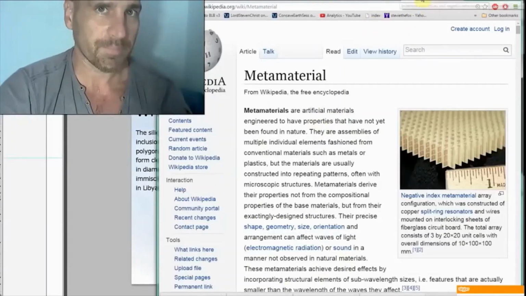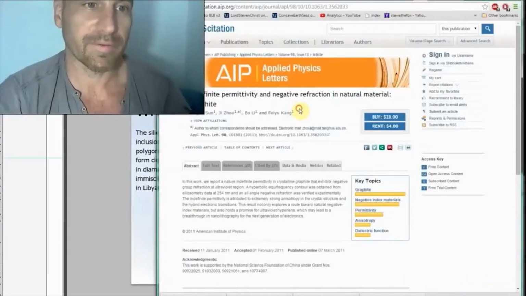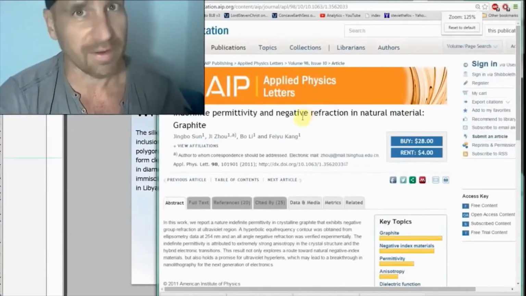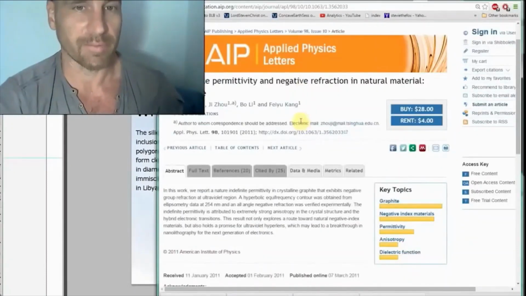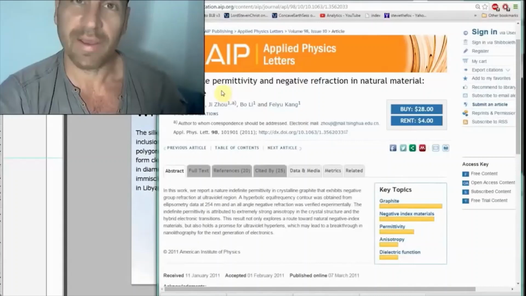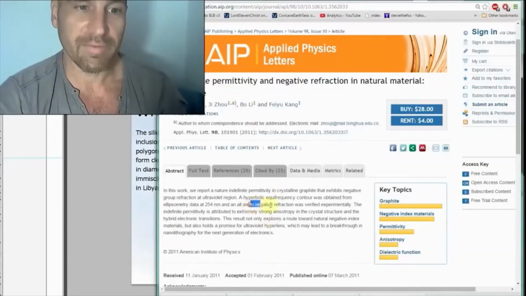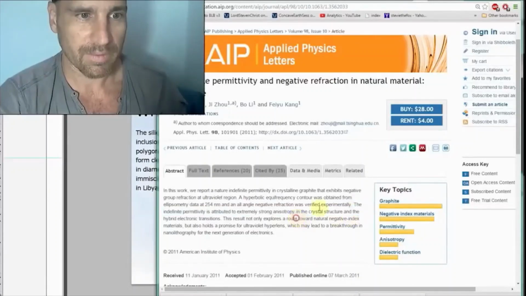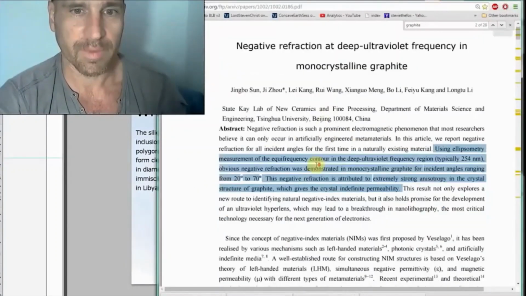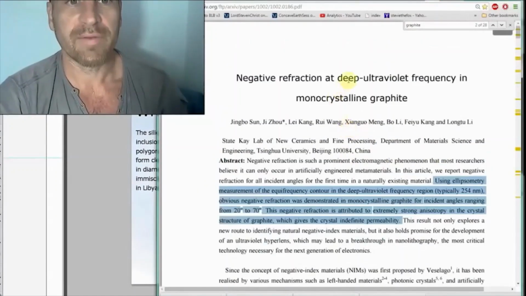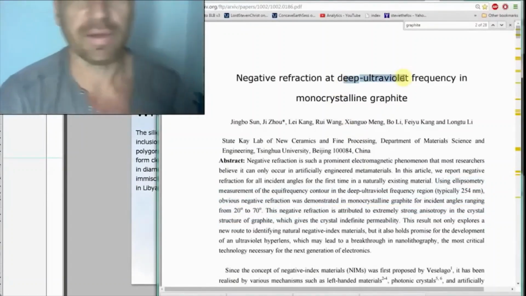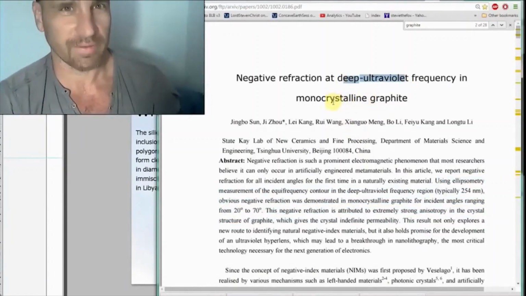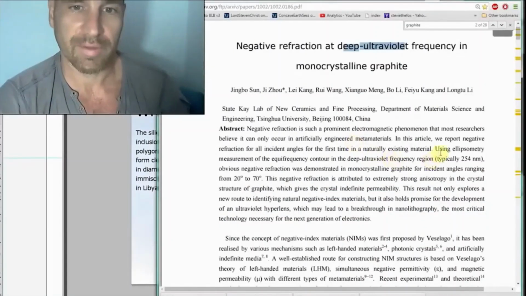However, this study right here says graphite, which is not a man-made material, it's actually a natural material, has been found to produce negative refraction under certain ultraviolet conditions. I'll find that for you right here. Negative refraction at deep ultraviolet frequency in monocrystalline graphite.